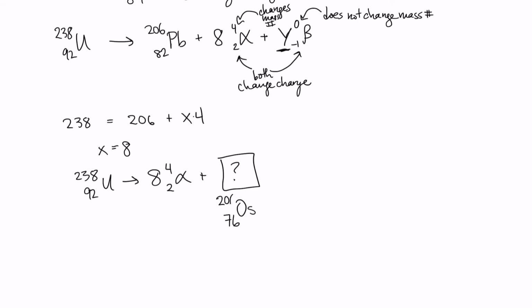It has the mass of 206, which is what we're going for, but it is not lead, and we're supposed to be able to get to lead. So now I know I'm having my osmium 206, 76, and I'm going to have lead 206 be the product, and I'm going to have Y numbers of beta particles.